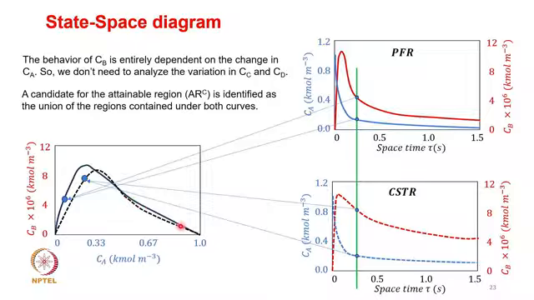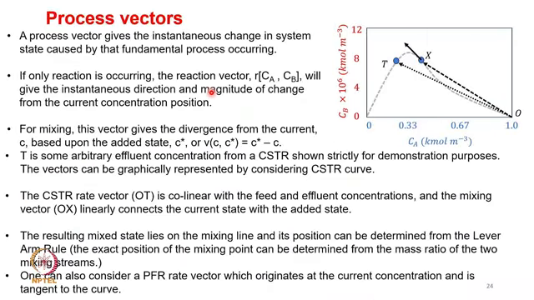The union of both of them can be like a starting point, what we call the candidate attainable region, represented by ARC, attainable region candidate.